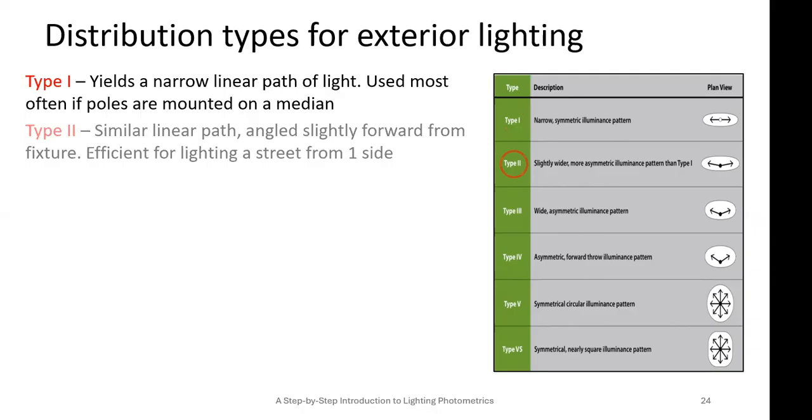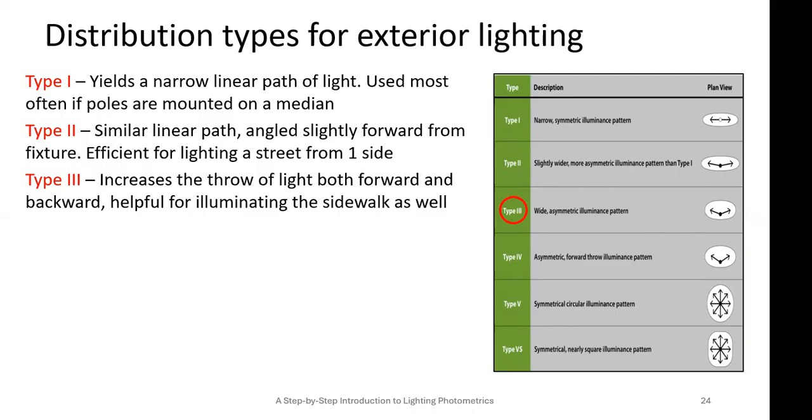A type 2 is in the US very popular to light pathways and 2-lane roads. And then type 3 is very common. Distributors stock this. This is the most common use. So the light goes a little further out sideways than it does crossways. Okay, so that's the 3.